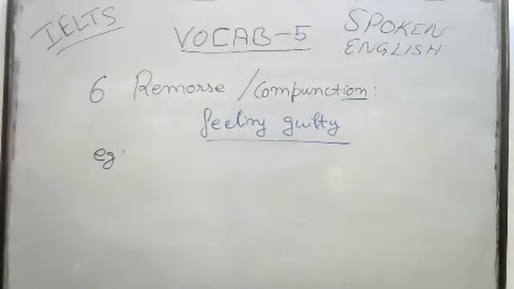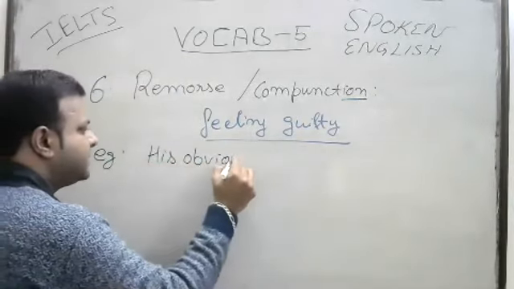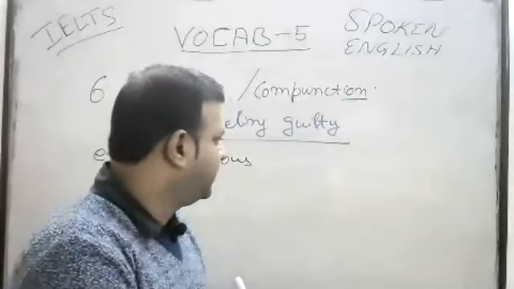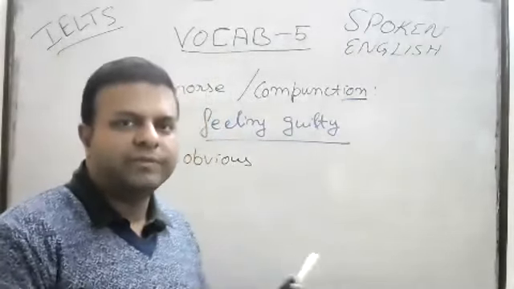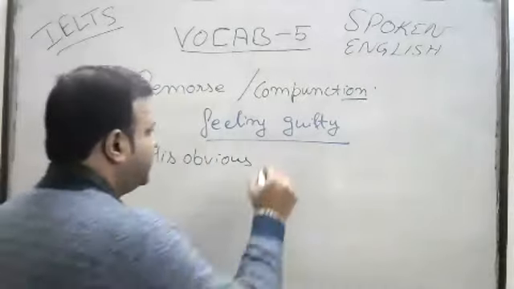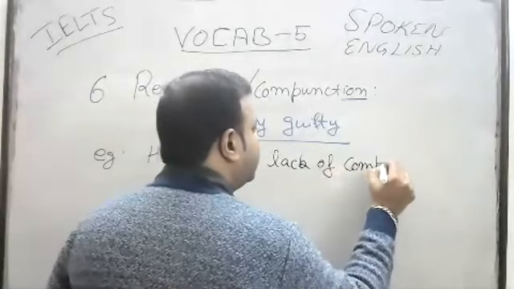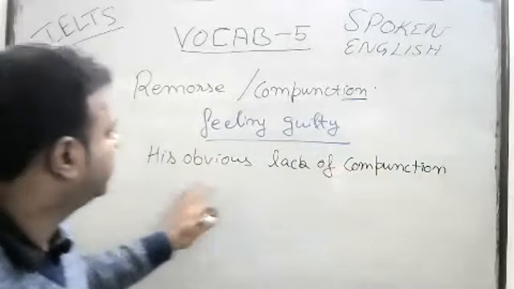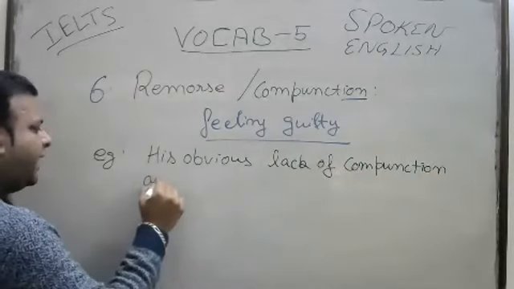Let's say, for example, someone did some kind of crime, and he didn't take his responsibility in a good way. So that led to confirmation of threat. Let's write this: his obvious lack of compunction, or his obvious lack of remorse, anything you can use.